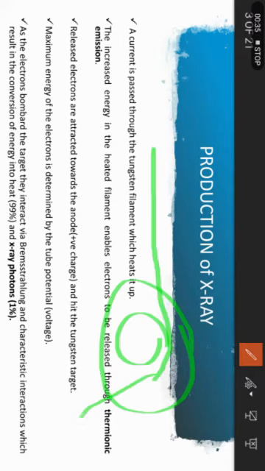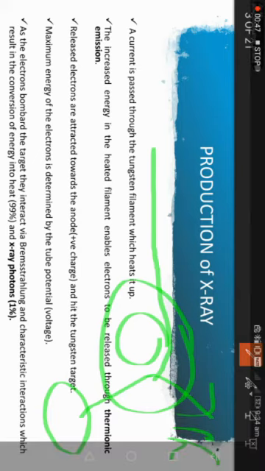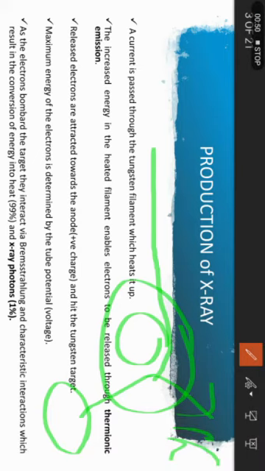It leaves the atom and may get into other atoms. They will produce some sources of energy which come out in the form of photons, and these photons are responsible for producing X-rays. This is what the Bremsstrahlung interaction is.